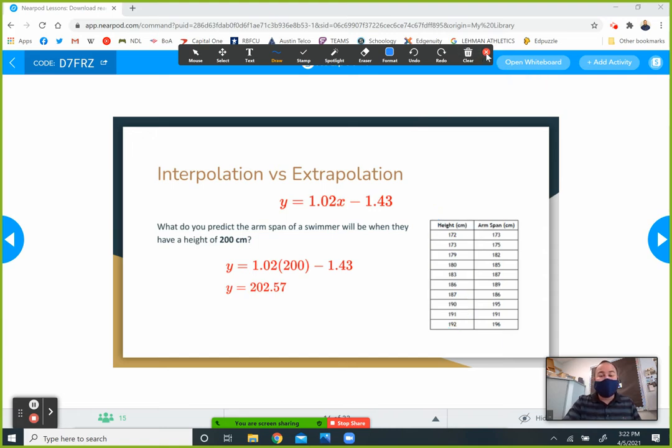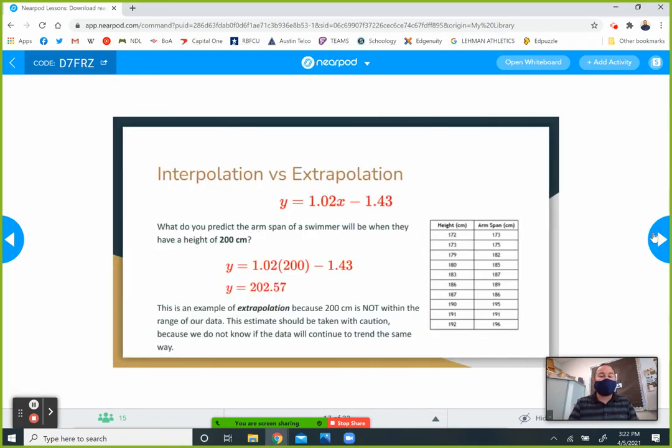This is a little bit different because this is called an example of extrapolation. Extrapolation is, I'm not going to call it bad, but it's not something that you should do, or you should do it with caution. And here's why. We don't know if the data, remember how those scatter plots were trending upward, wasn't it? Like the taller you get, the bigger your arm span is.